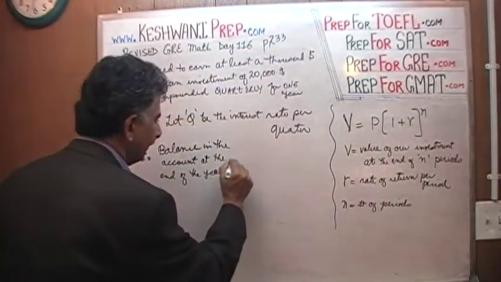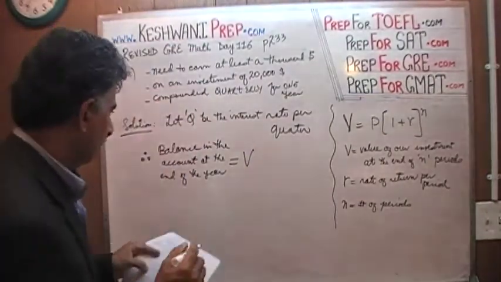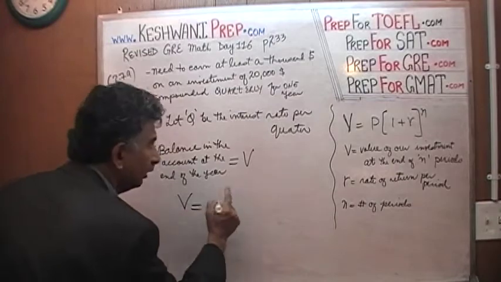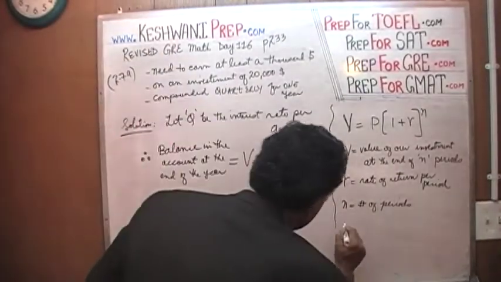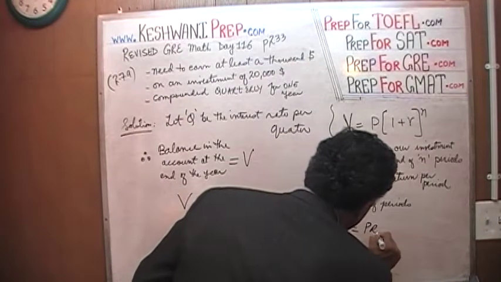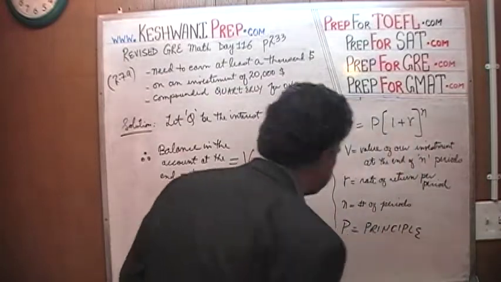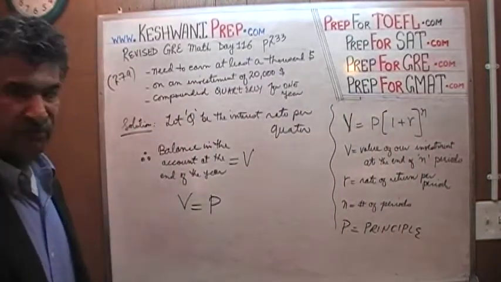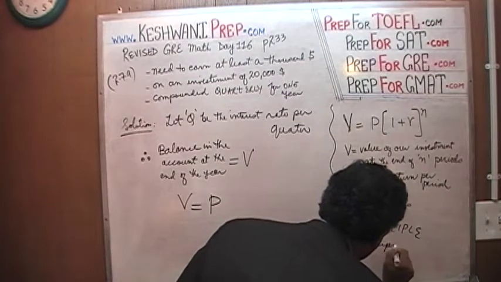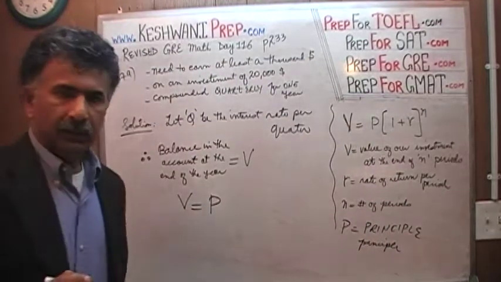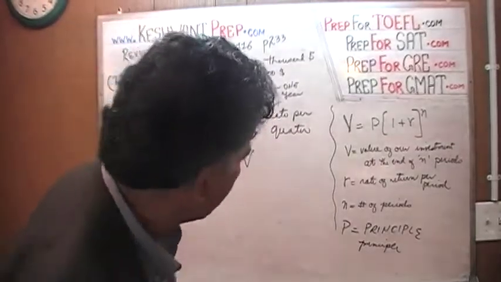And we're just going to plug in that formula. This V has to equal our initial investment of P, which is our principal. I hope I spelled it correctly. Yep. P stands for the principal or the initial investment, if you like. P is our initial investment.